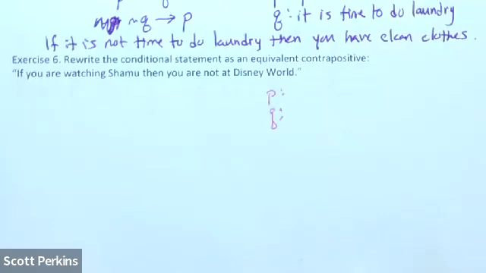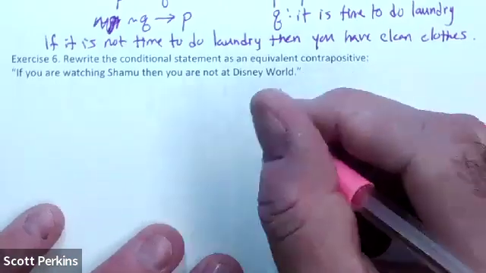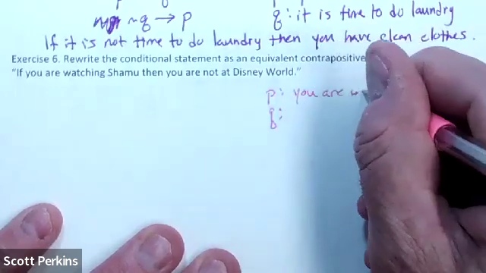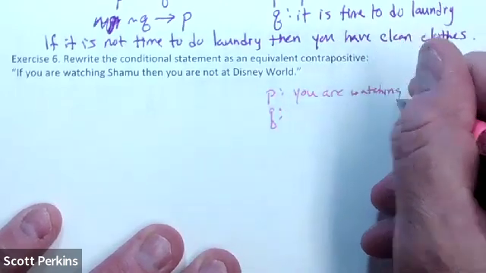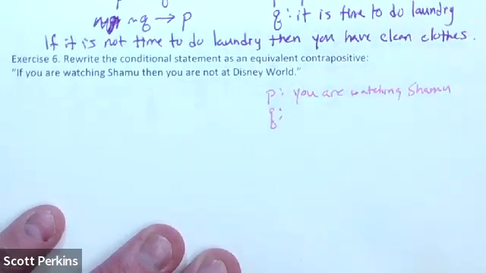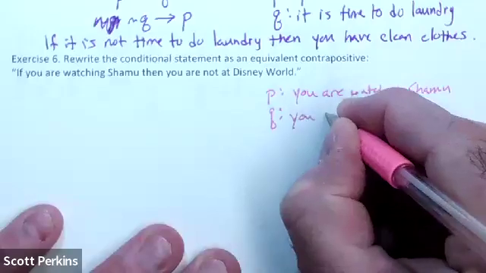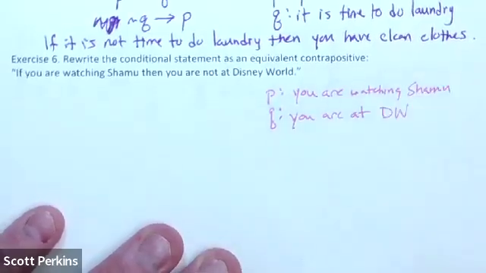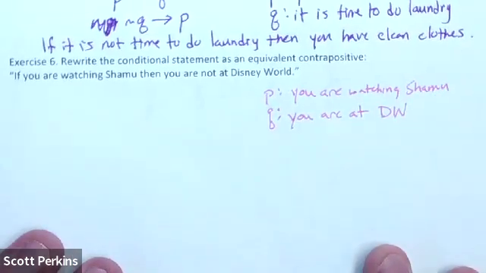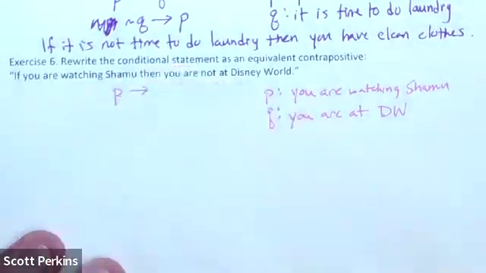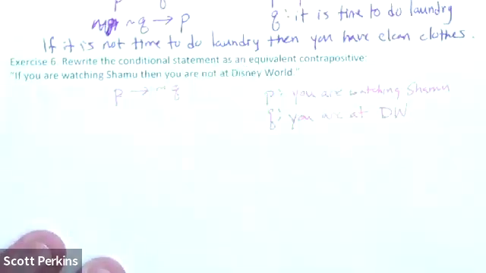All right, so on this problem right here, statement P is going to be you are watching Shamu. So then statement Q is going to be you are at Disney. I'm just going to abbreviate DW for that. So if you are watching Shamu, P, then you are not at Disney, squiggly Q.